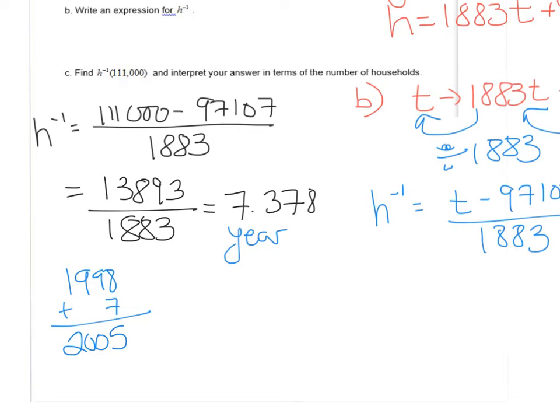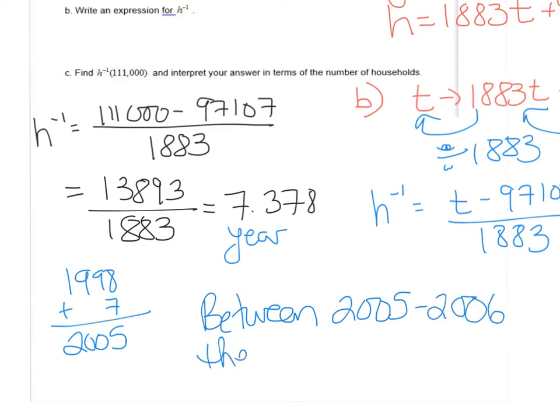But because it's 0.378, that's in the year 2005, so we're going to say between 2005 to 2006, there were 111,000 households.